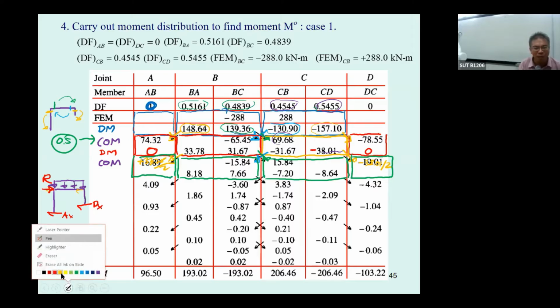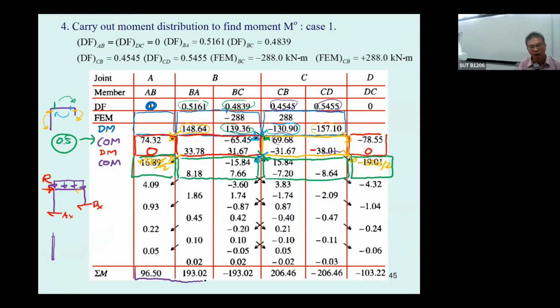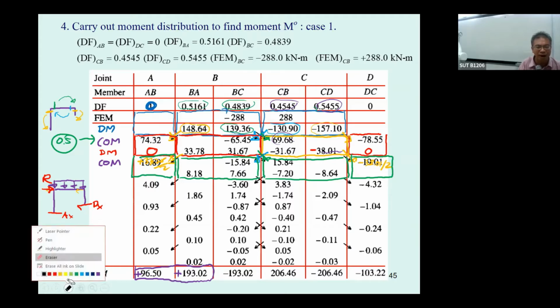Where does the force come from? The A sub x will come from the moment over here, and those two moments are going to rotate clockwise because they are positive. And now if it rotates clockwise, the A sub x is supposed to be in this direction. Again, let me illustrate a little bit and put the correct direction here.